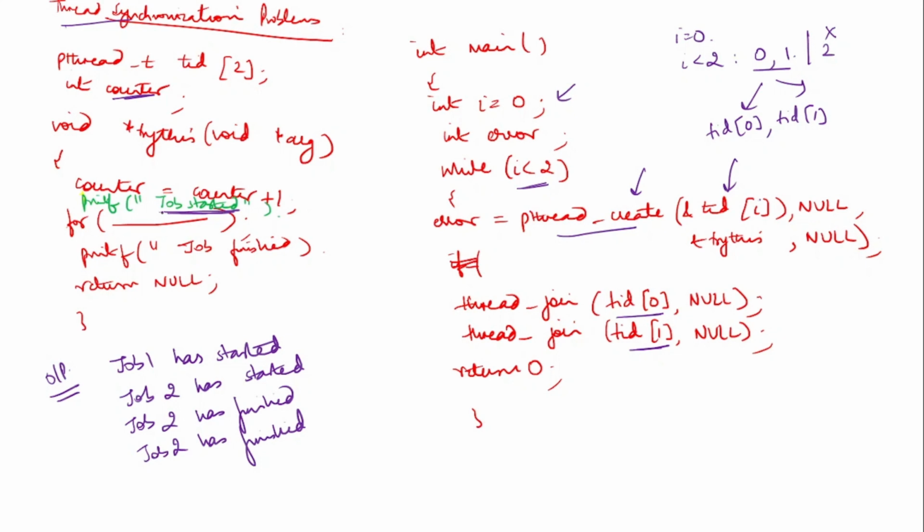Then as soon as job 1 has started, it should print job 1 has finished. But you can see job 1 has finished is no longer there. Instead, it has simultaneously started the second job, which means the second thread has started before the execution of the first thread completes.